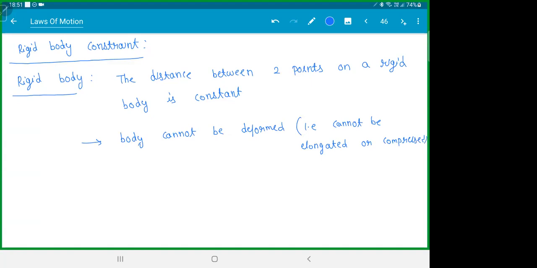And rigid bodies are hypothetical. They don't exist in nature. So in laws of motion, friction, all these chapters, we will deal with rigid bodies only. In center of mass and collisions, again, we will deal with bodies which can compress a bit.